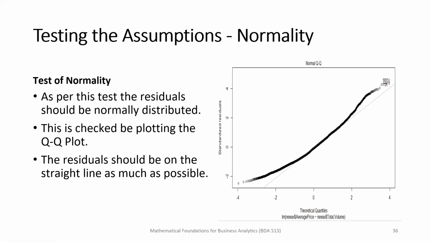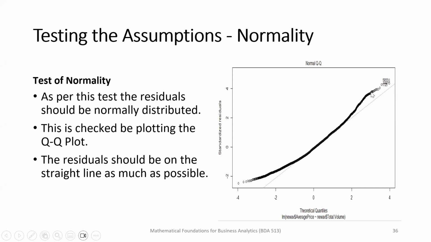Okay. So we're looking at some of the assumptions. Before you go on to use multiple regression, you should check whether your data is normally distributed. So we call this the test of normality. One of the plots, I will generate this plot for you, is what we call the QQ plot. You see this diagonal line here.